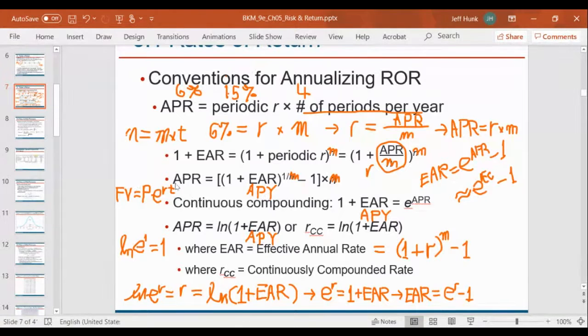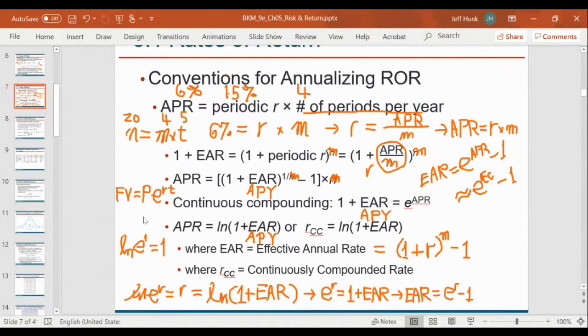For example, if the holding period is 5 years and the compounding frequency per year is 4, quarterly compounding, there will be 20 compoundings over this 5-year period. So we make clear distinctions in the symbols: R is the periodic rate, M is the compounding frequency per year, and N is the total number of compoundings during the holding period.